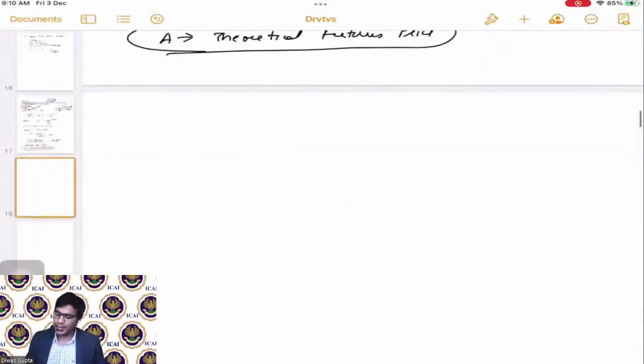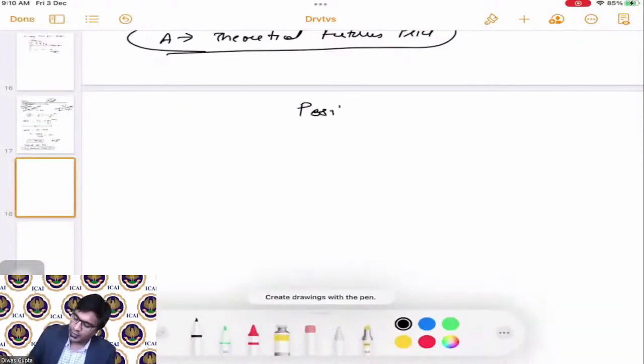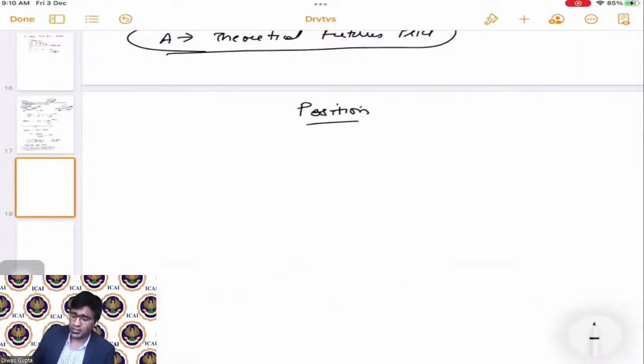Let's go to the next part. Now we have studied, okay, I have to tell you two more things. What is the difference of position? See, one position is to buy, one is to sell. Very easy, very simple. What is new in this?